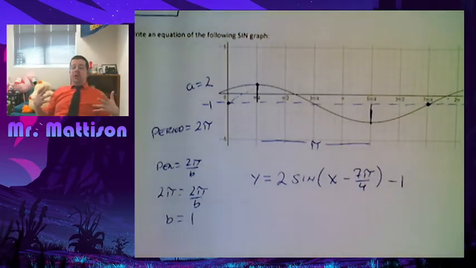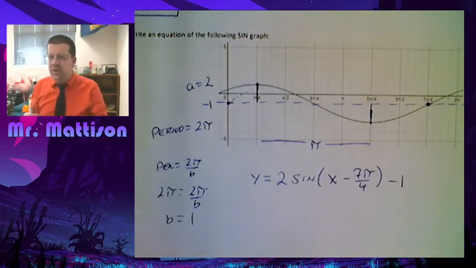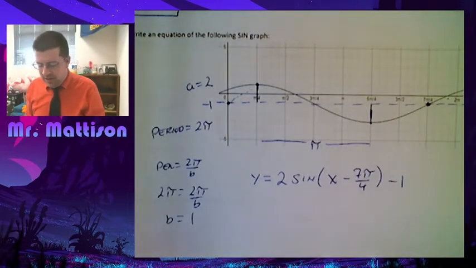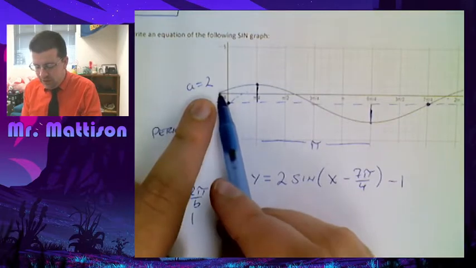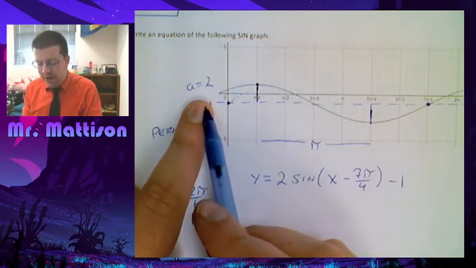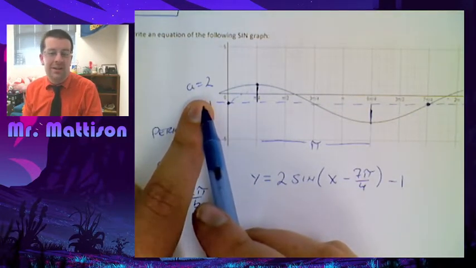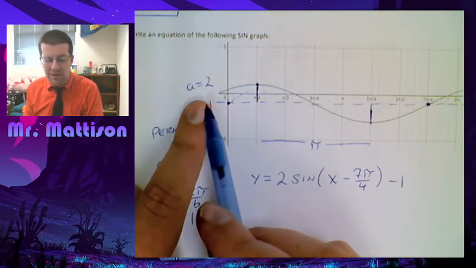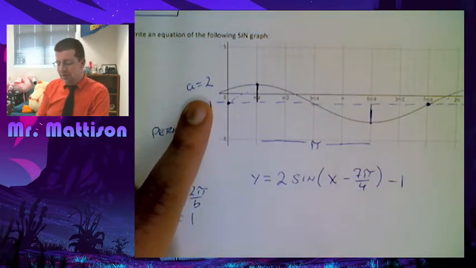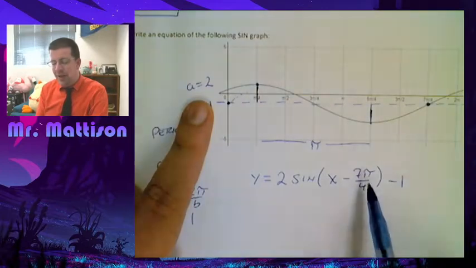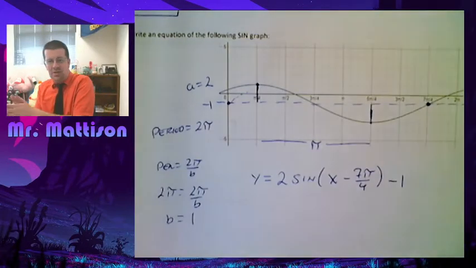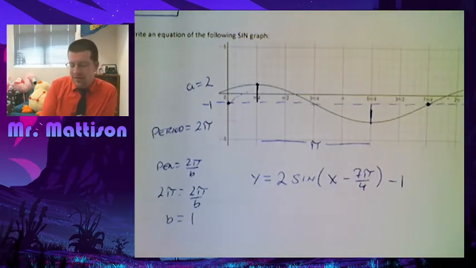Now, with a periodic function, I can do a shift an infinite number of different ways. I could, if I knew, this would actually go left to pi over 4, or to negative pi over 4, and where it would start there. So I could also do this exact same thing, but say, hey, plus pi over 4 to shift it to the left that distance.